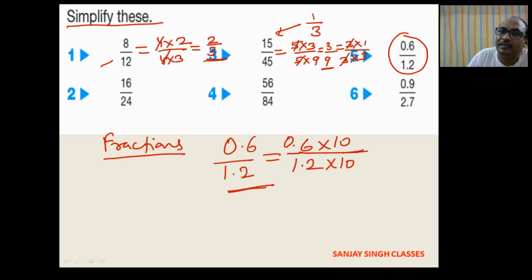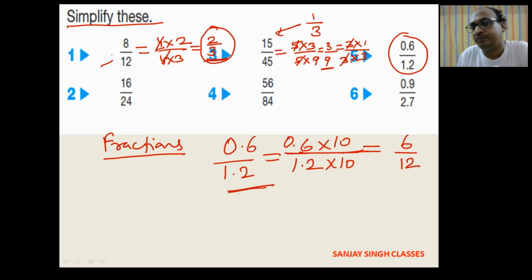Here it is 2 by 3. When we multiply by 4, the numerator becomes 8 and the denominator becomes 12. So the value of 2 by 3 does not change if a common factor is multiplied, when it is made 8 by 12. Similarly, here 0.6 multiplied by 10 becomes 6, and 1.2 multiplied by 10 becomes 12.